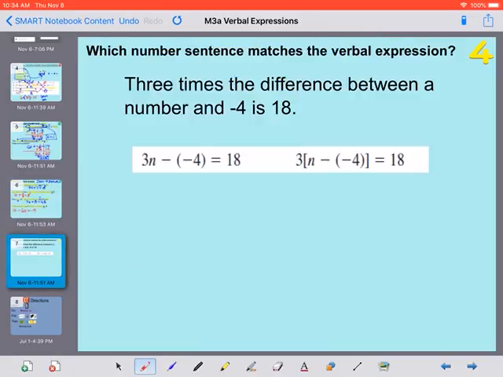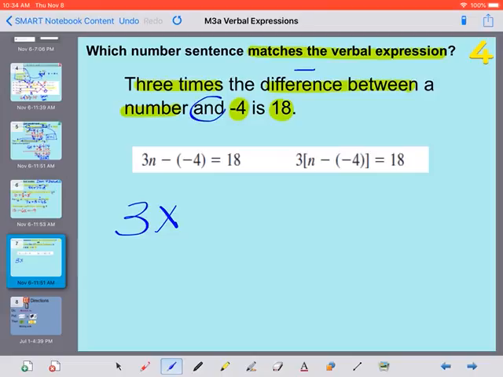Last question here. It says, which number sentence matches the verbal expression? So it says 3 times the difference between a number and negative 4 is 18. So we have 3 times, or multiplied by, the difference between, so difference meaning we're going to be subtracting, a number and negative 4.